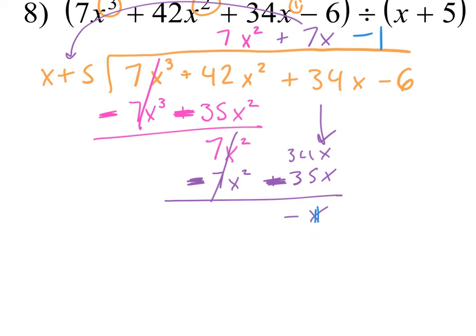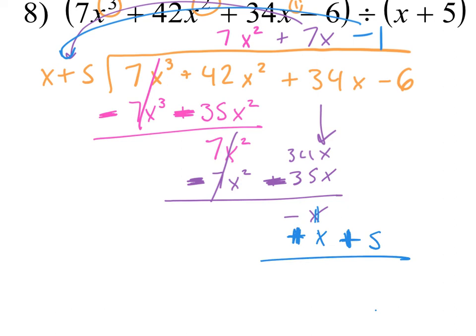So negative 1 times x is what? So we're multiplying. Negative 1 times x? Negative x. And negative 1 times 5? Negative 5. What do we do next? Change the sign. Add them together.